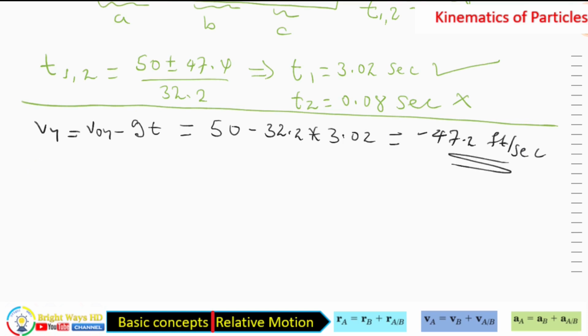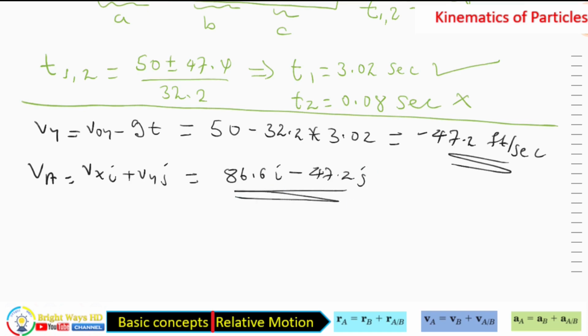Then if we write the velocity of A as Vx in the i plus Vy in the j direction, it will become 86.6 in the i minus 47.2 in the j direction. This is the velocity of the ball.